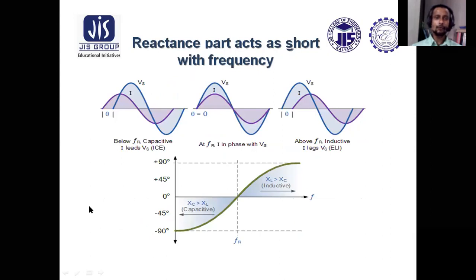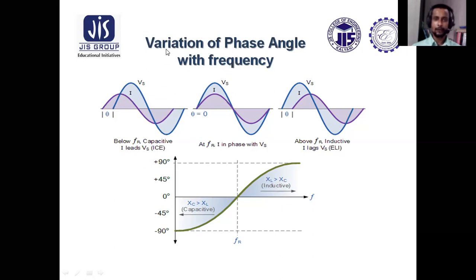Now, how does phase angle vary with frequency? What we discussed till now is that XL and XC vary with frequency. As frequency increases, there is a resonant frequency, then again it varies.